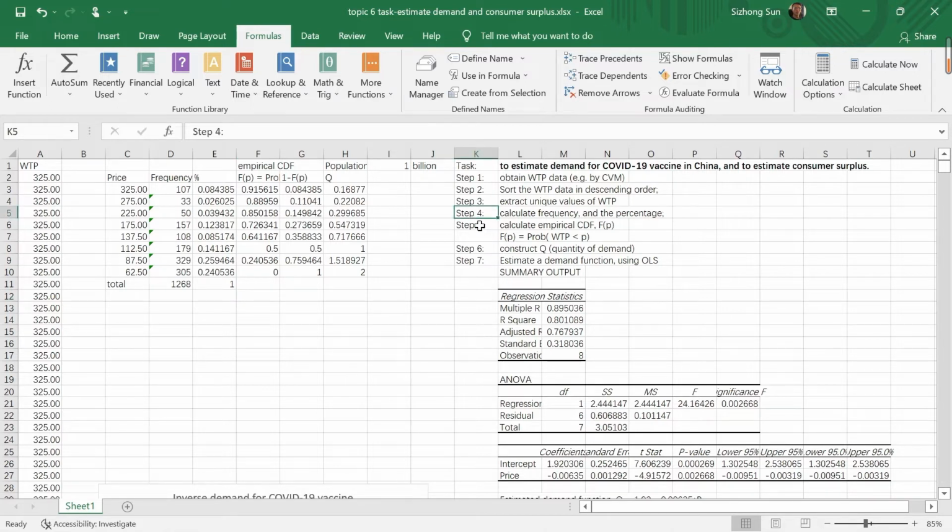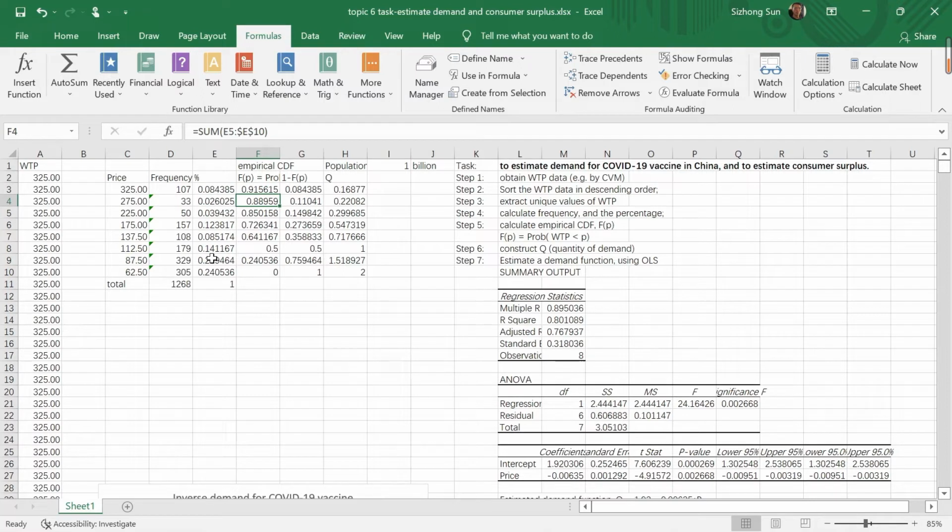Then we want to calculate the empirical CDF of this willingness to pay, which is the probability that willingness to pay is less than or equal to, say, 325 or 275, and so on and so forth. So we can calculate this by summing up.